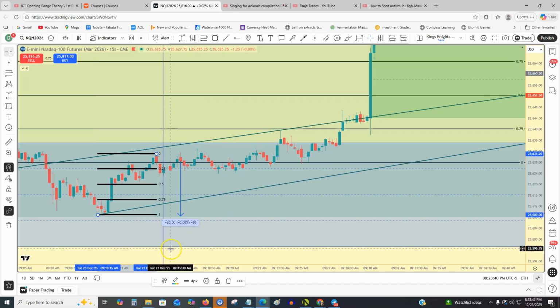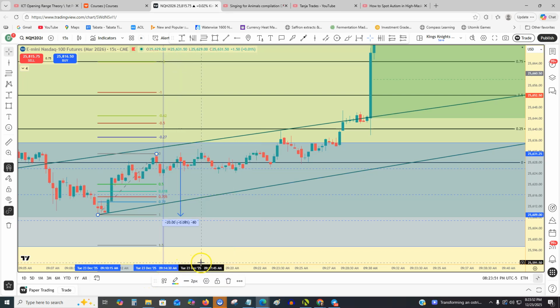All right, I'm going to change this into standard deviation one. Price never gave a discount, it just started running.